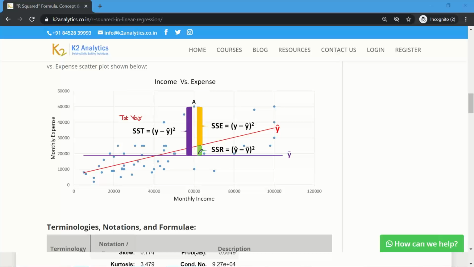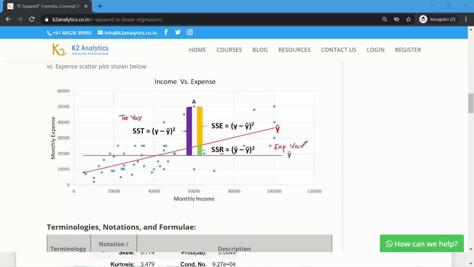When I take this green component across all the data points and do sum of squared, that is SSR, sum of squared regression. Because of the regression, I am able to explain a certain component of the total variance. So we call this explained variance.